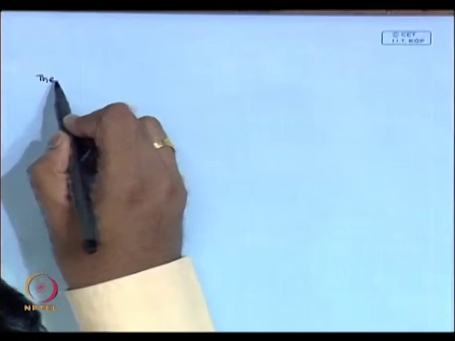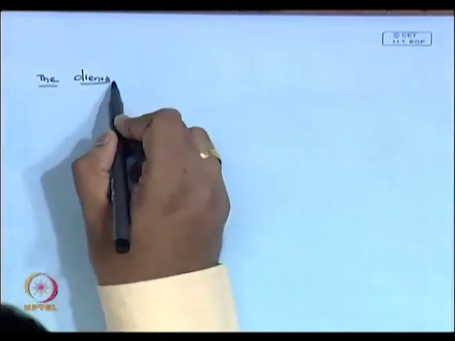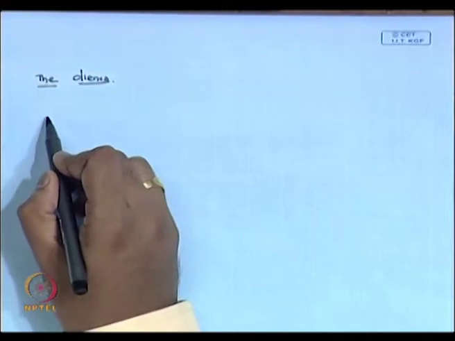How should the diene be in Diels-Alder? Any idea?